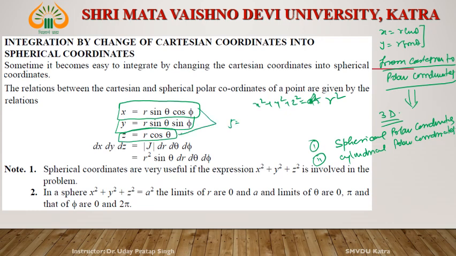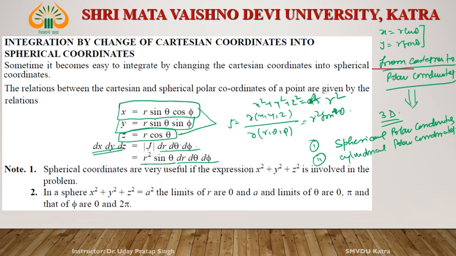J is equal to the partial of (x, y, z) with respect to (r, theta, phi). This is equal to r squared sin theta. Then dx dy dz is equal to the Jacobian times dr d theta d phi, that is, r squared sin theta dr d theta d phi.